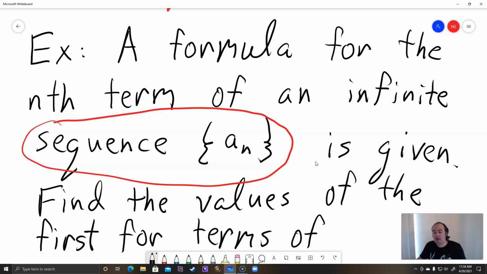And again, the way we're writing our sequence is a curly brace, and then a sub n, and then we put another curly brace on the other side. Okay, so that's a lot of instructions, but basically they're going to be giving us a formula for the sequence, and we need to find the values of the first four terms. I misspelled 4. I mean the number 4, not F-O-R.